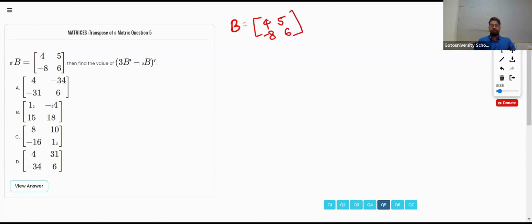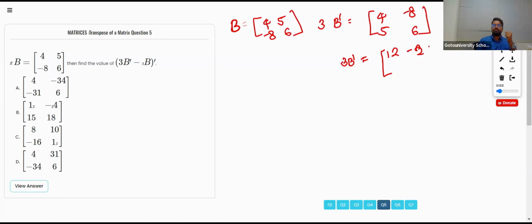So what are we going to do? We are going to find out its transpose first. What is the transpose of this? 4, 5, minus 8, 6. Now we're going to multiply this with 3. What is 3B transpose? As it is a multiple choice question, the steps are not important, but we have to be careful. 12, minus 24, 15, and then 18.